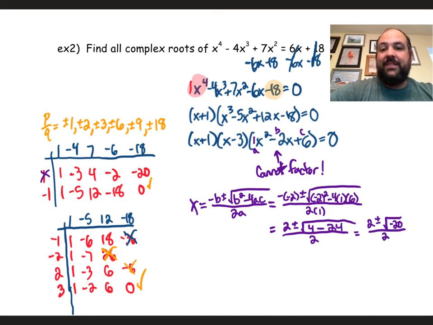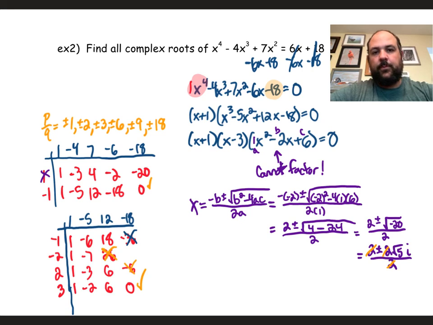If I simplify this, we're going to have 2 plus or minus 2 square roots of 5i all divided by 2, which we can reduce each of these by a factor of 2. So really, this becomes 1 plus or minus the square root of 5i. And that's actually 2 roots because it's plus or minus. So 1 plus the square root of 5i, 1 minus the square root of 5i. So x could equal those.